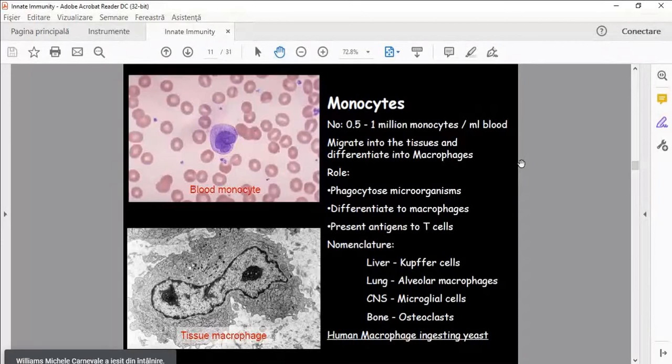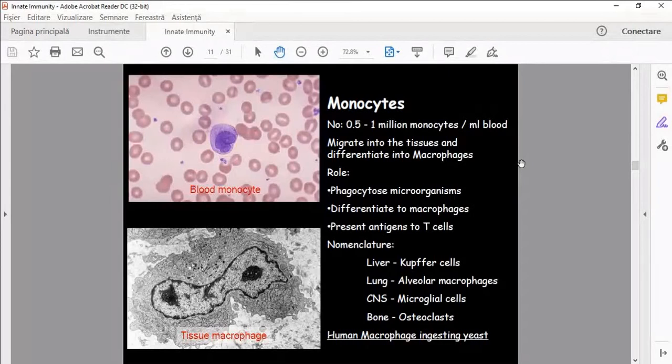The second type of pathogen recognition receptors are C-type lectin-like receptors, which can be found on the plasmatic membrane of macrophages and polymorphonuclear cells, meaning phagocytes.